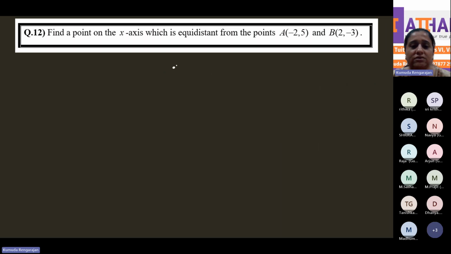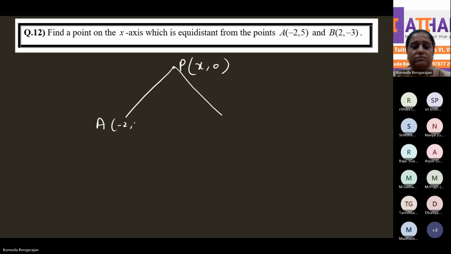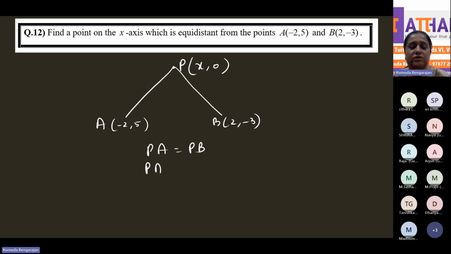So let that point P on the x-axis be given by the address (x, 0). Now it's equidistant from A and B. So if it's equidistant, the condition is PA is equal to PB, or PA square is equal to PB square. You can complete this later, children. Just take down to this extent, leave some place.